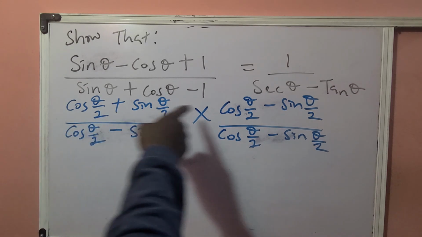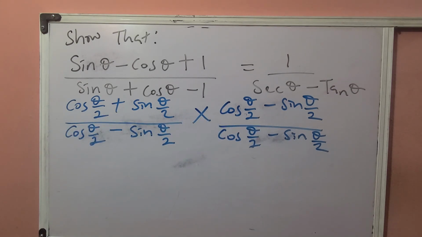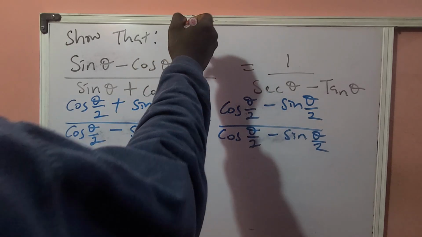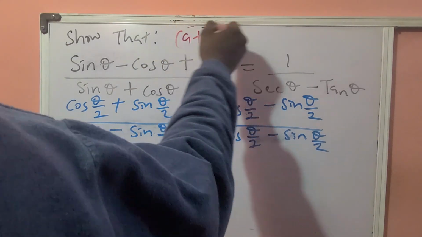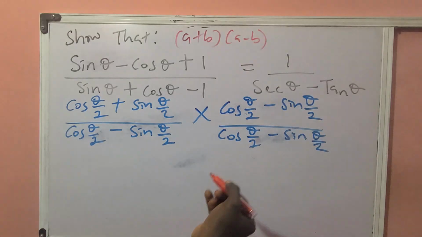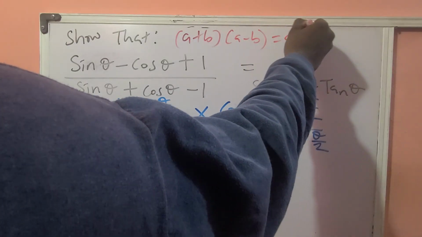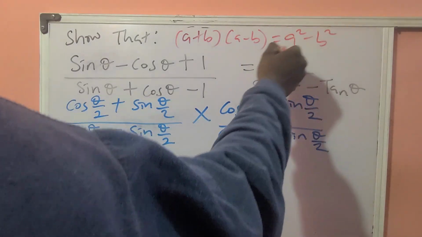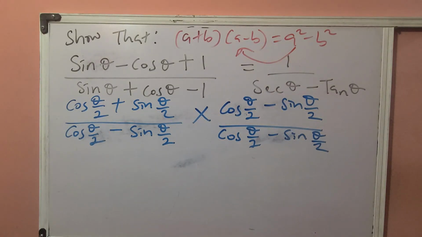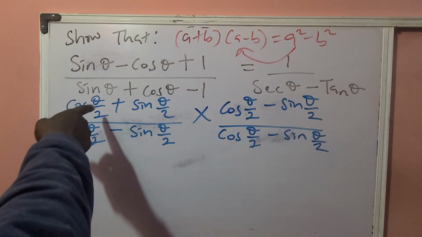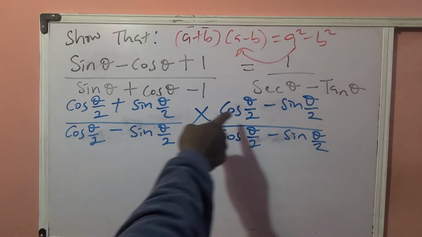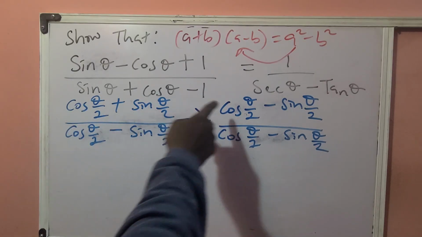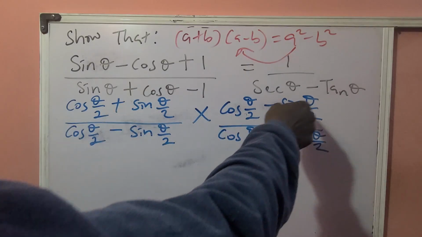So multiplying this with this, of course, if you remember your difference of two squares, you will know that when you have a plus b and a minus b, this will give you a squared minus b squared. This is what we call difference of two squares. You can see that if this was a, and this was b, it is something plus something, then the same thing minus the same thing.